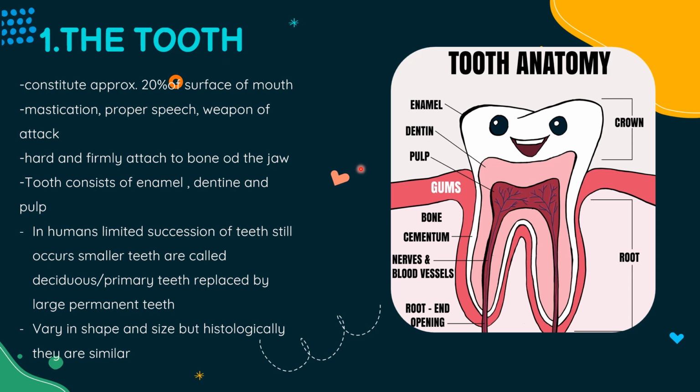Deciduous teeth or primary teeth are also called milk teeth. These permanent teeth then replace the primary set of teeth during the natural process of tooth development. Okay, and teeth also vary in shape and size, but histologically they are the same.